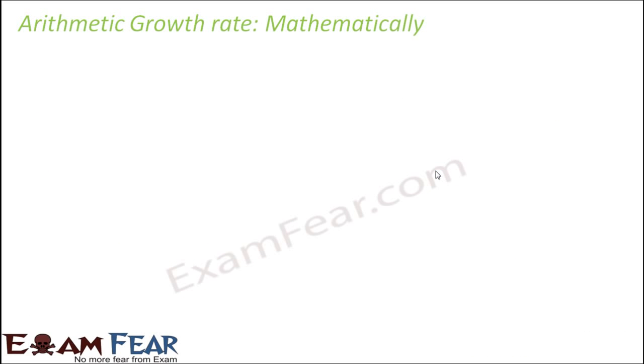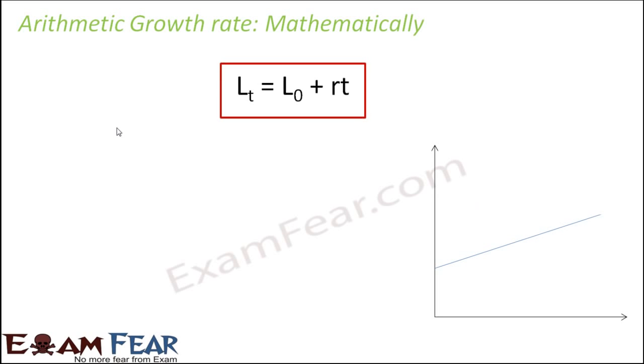Now let us look at arithmetic growth rate mathematically. This is a linear curve, or a linear equation, you can say. Mathematically it is denoted by Lt is equal to L0 plus Rt, where Lt represents the length at time t, and L0 represents the length at the initial time, that is at t is equal to 0.